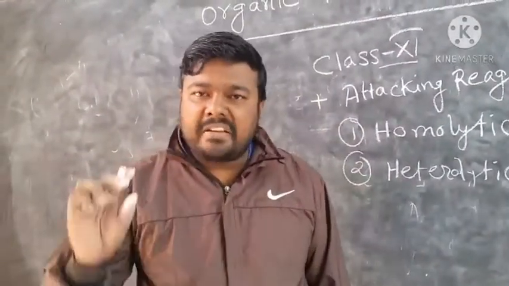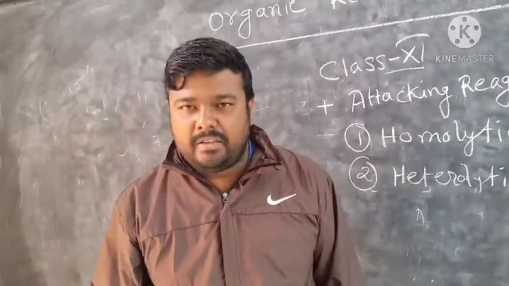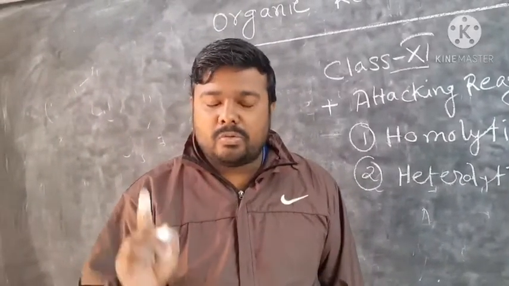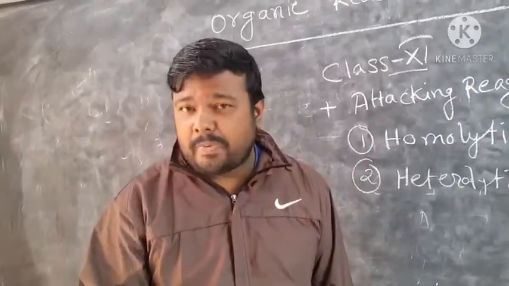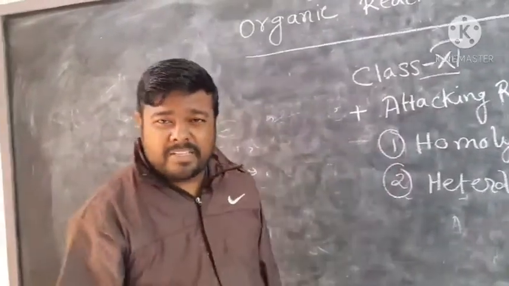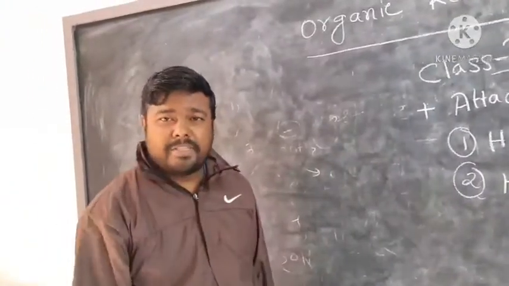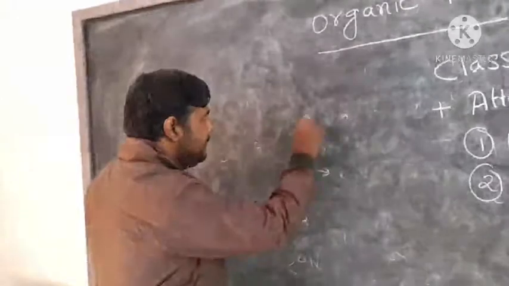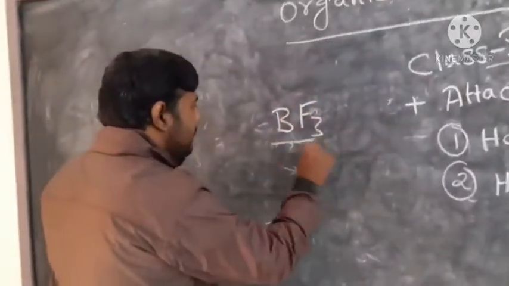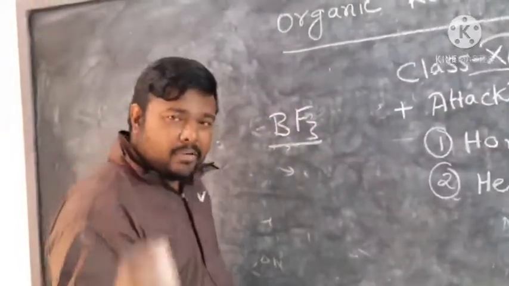Attacking reagent means either the electrophile or the nucleophile. Electrophiles are electron deficient species which are in search of electrons. Maybe a positively charged species, or maybe an electron deficient neutral molecule, may act as an electrophile. Just like BF3, it's an electron deficient molecule which can act as an electrophile.